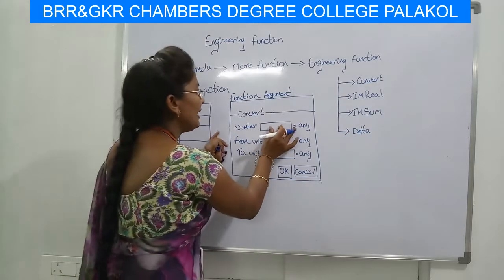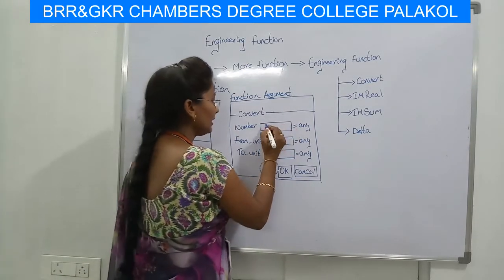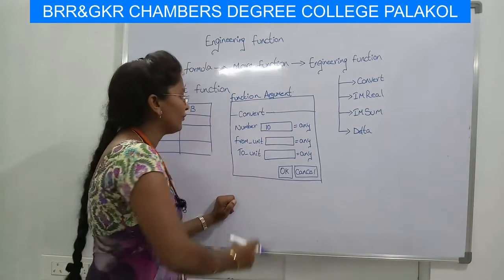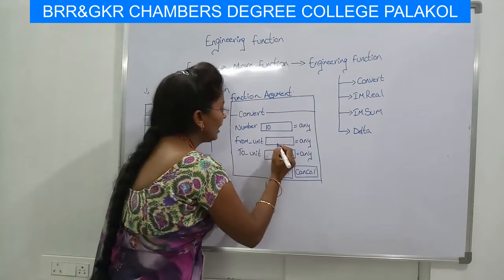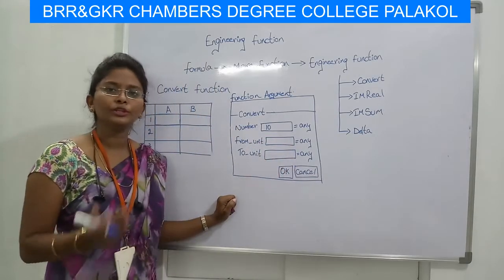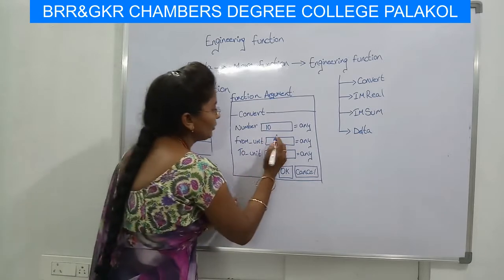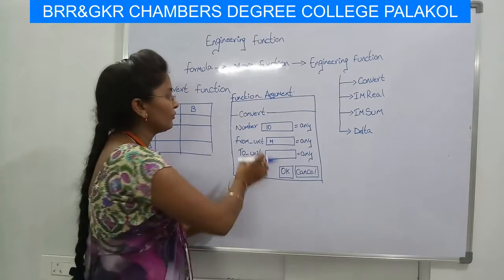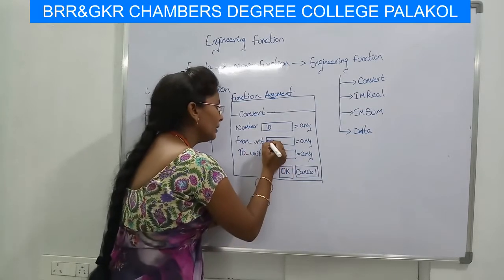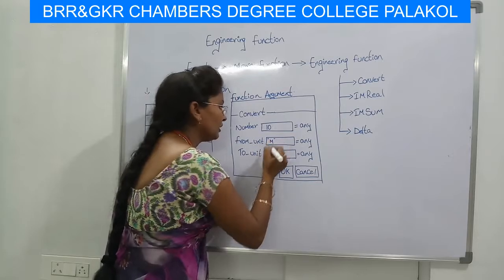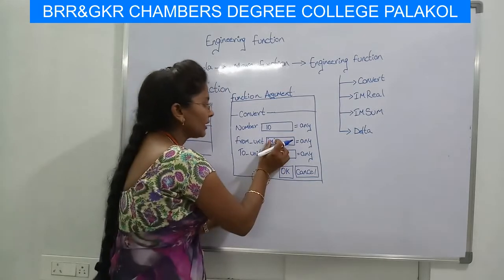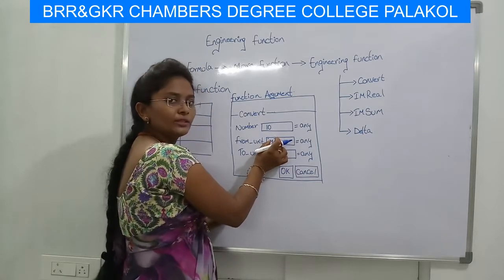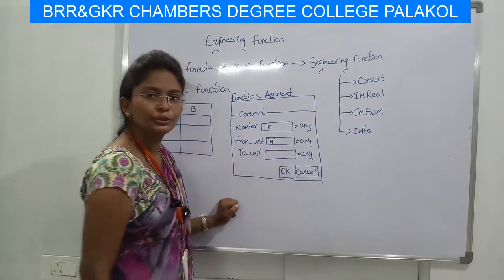Here I have to enter some number. Here I am entering the number as 10, and then from unit, I want to convert meters into yard. That's why in from unit I am taking m. Whenever I am writing m in the from unit and pressing enter, it will take double quotations for m and then it will convert into the yards.